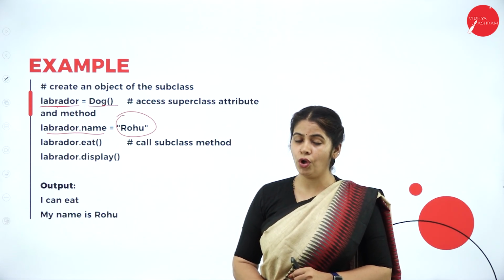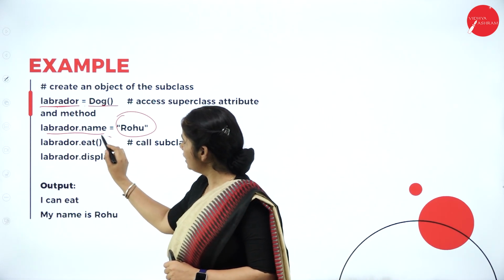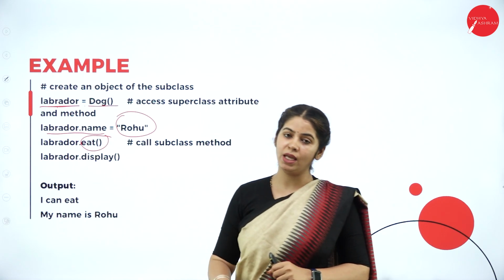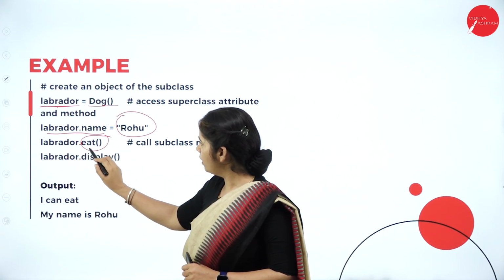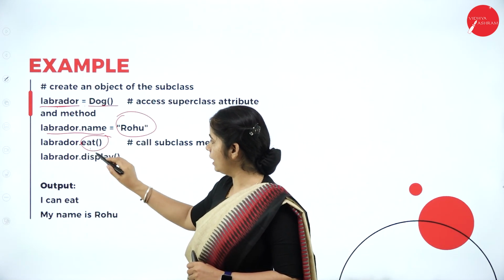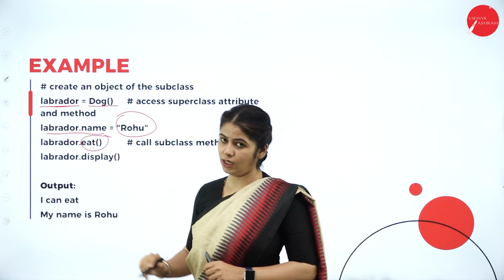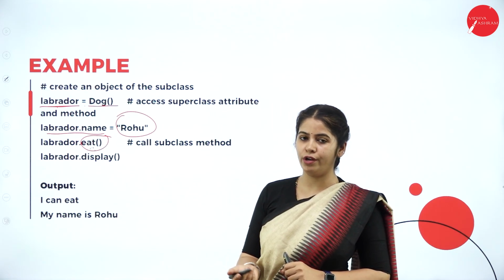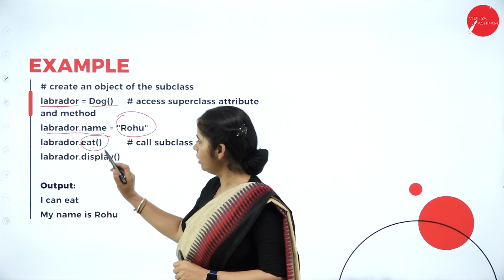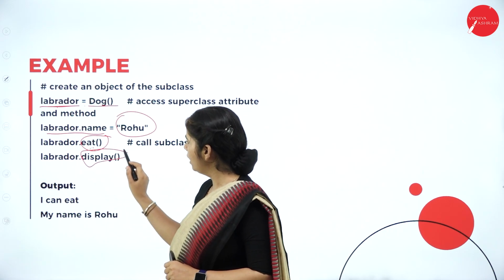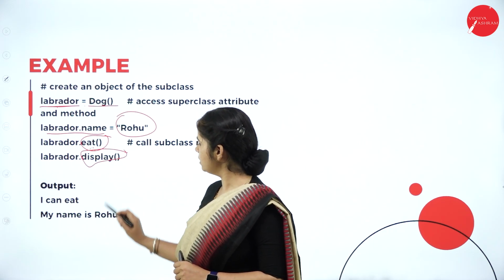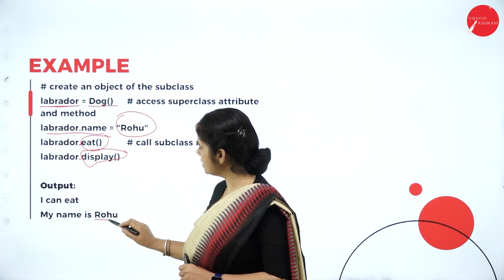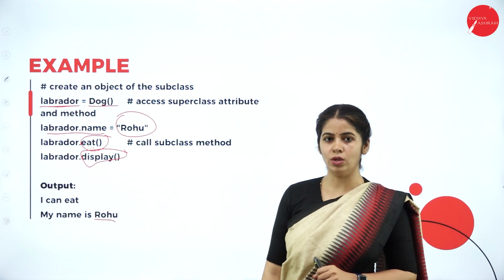What is the name of the dog? Rohu. And eat is again a method from the parent class, so it will be called from the parent class again. So I can eat is what we have written in the method, and display: my name is Rohu. We are accessing it from the parent class in the child class.